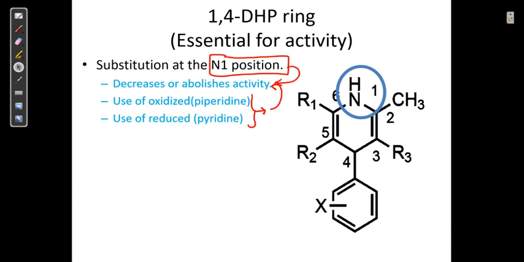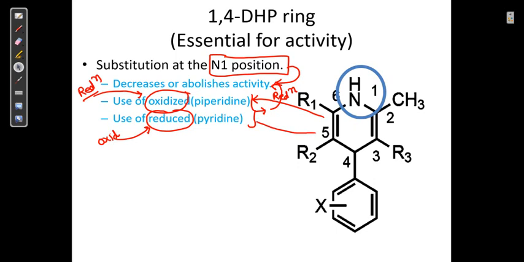So ultimately, the oxidized form is produced by reduction, and the reduced form is produced by oxidation. If I do reduction, that means I add hydrogen and break the double bond, then I get the piperidine.